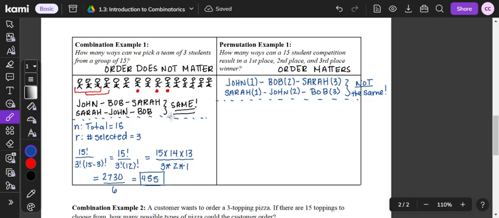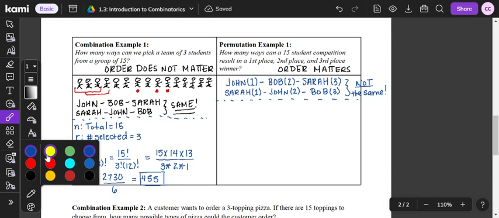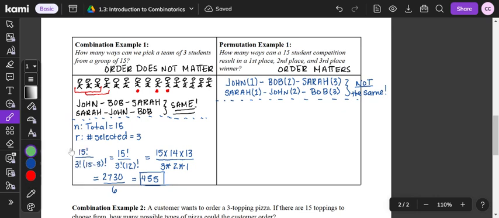Okay, now let's jump over to the permutation example. In this example, same deal. N is going to be the total. So there's still 15 students. R is going to be the number I'm selecting, so it's still going to be 3.